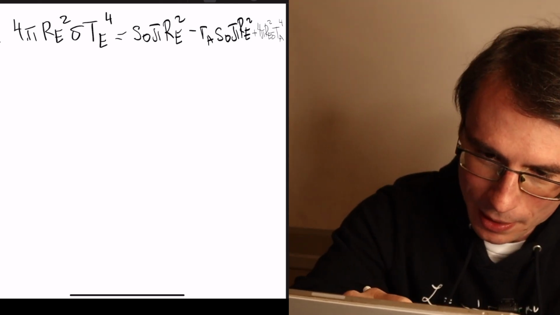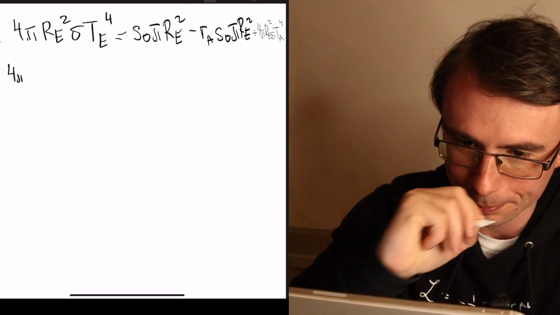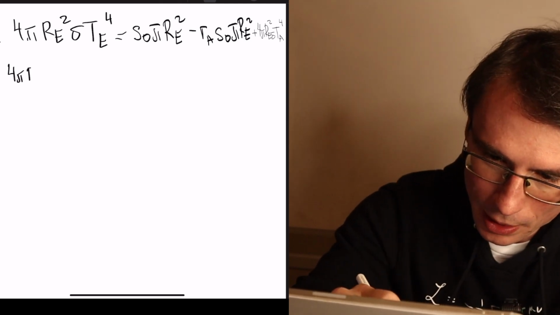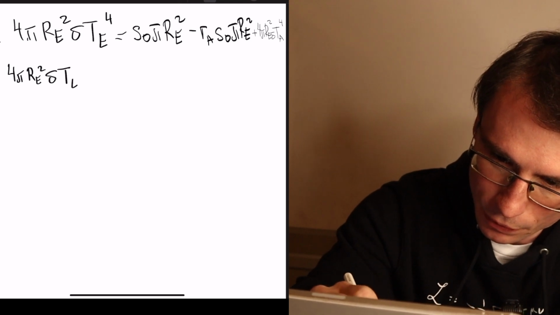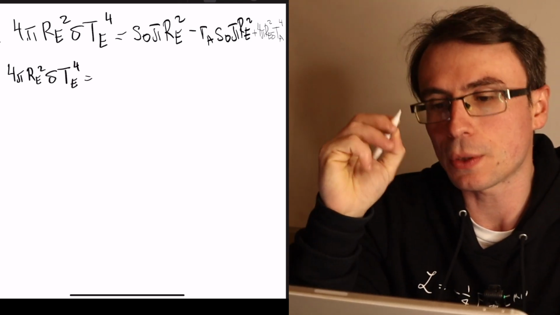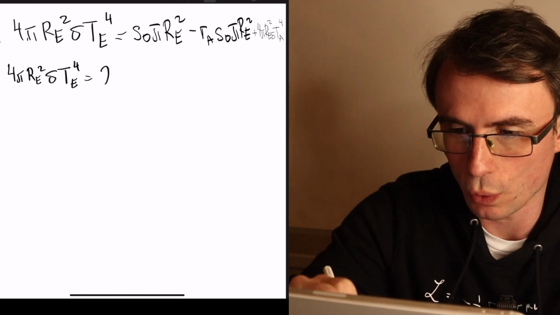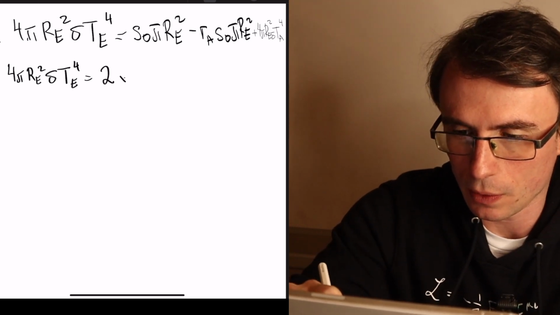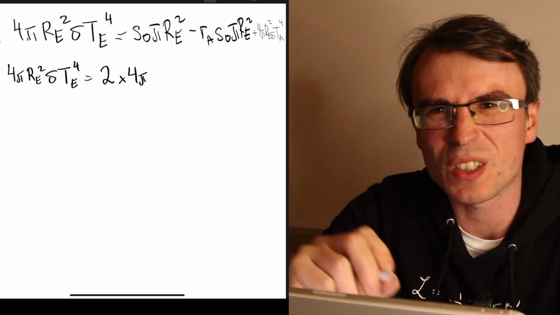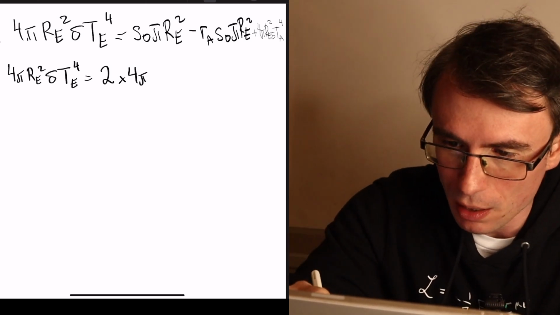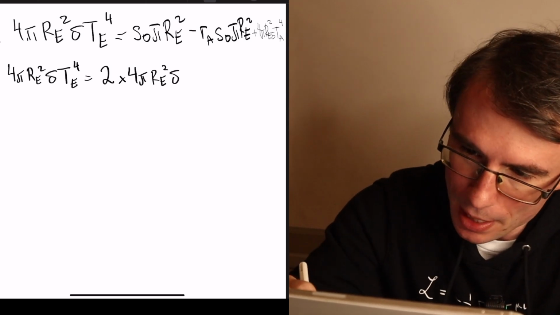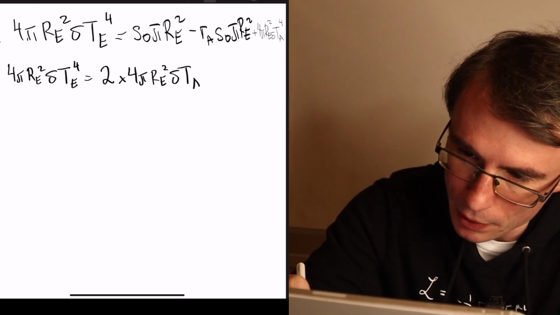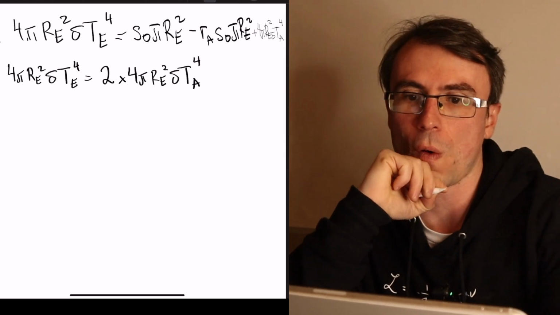We can say that 4 pi RE squared, this temperature of the Earth raised to a power of 4, has to be equal to 2 times the surface area of the Earth, I should have just called this A, RE squared, times the temperature of the atmosphere raised to a power of 4.